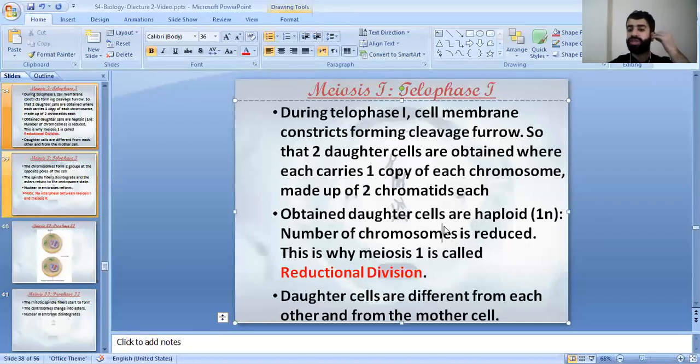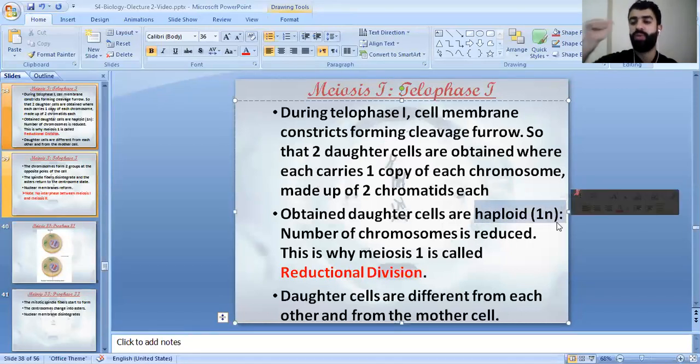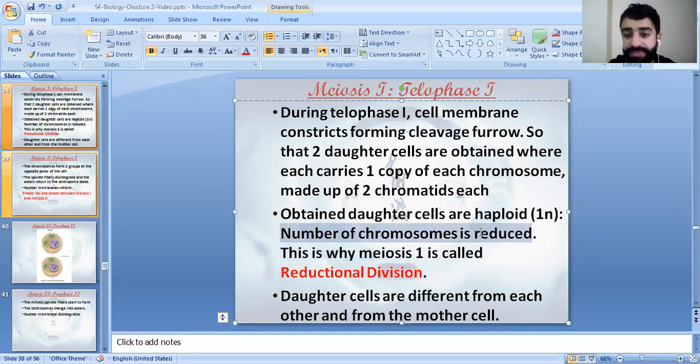So the obtained daughter cells are haploid. Starting with the mother cell of the gamete, it was diploid. Here we have haploid, 1N. So the number of chromosomes in each cell is reduced. So why do we say that meiosis I is called the reductional division? Why?